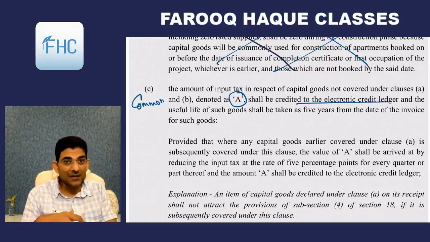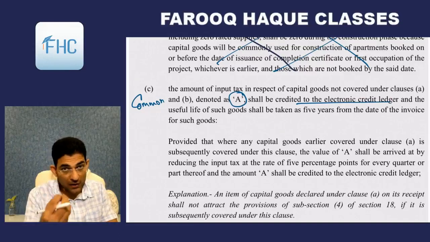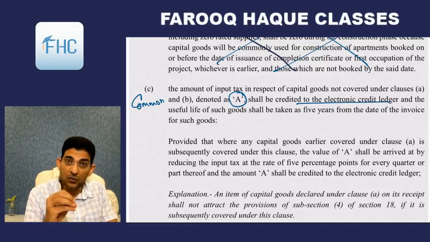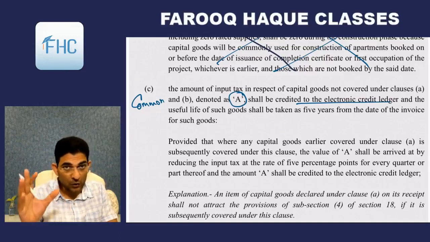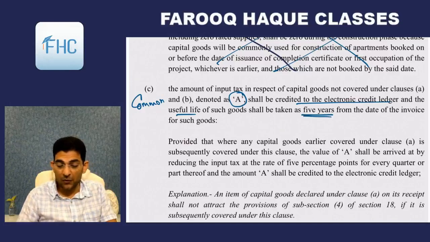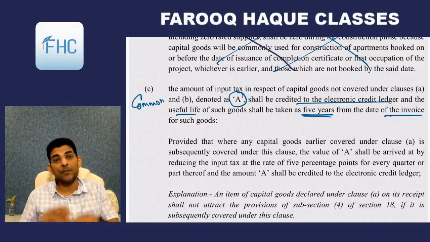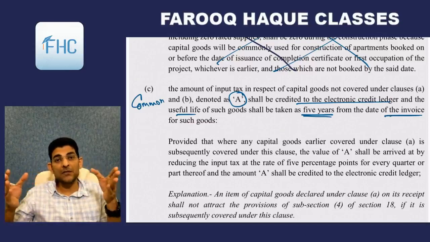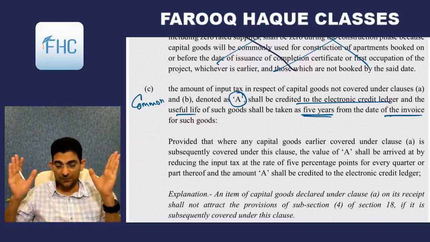So you first credit the whole tax of common usage capital goods to electronic credit ledger, and the useful life of such goods shall be taken as 5 years from the date of invoice of such goods. Its life will be expected as 5 years from the date of invoice. We'll assume that the life of this asset is 5 years. Very good.